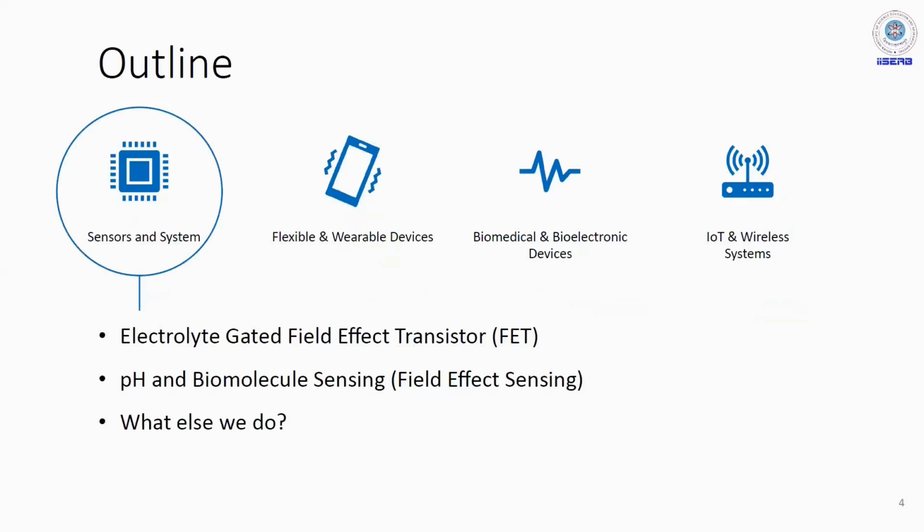In this particular talk, I'll focus on the sensors and systems domain, where I'll discuss the electrolyte gated field effect transistor, and then its pH and biosensing capabilities. Because this field effect transistor is not a traditional field effect transistor, you won't get conventional characteristics, so I call it field effect sensing. And then if time permits, I'll quickly browse through what else we do in our group.